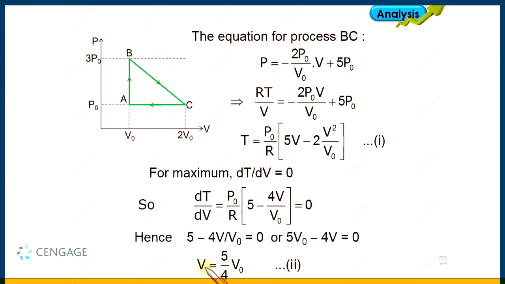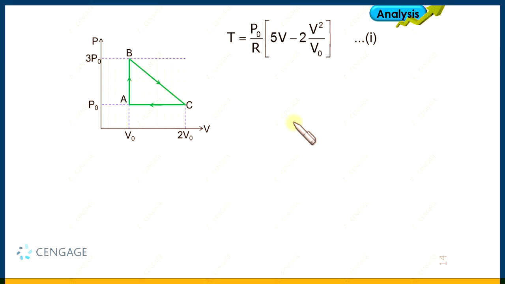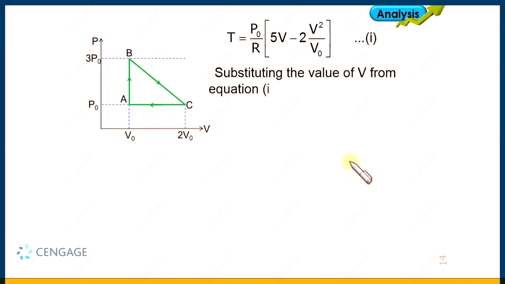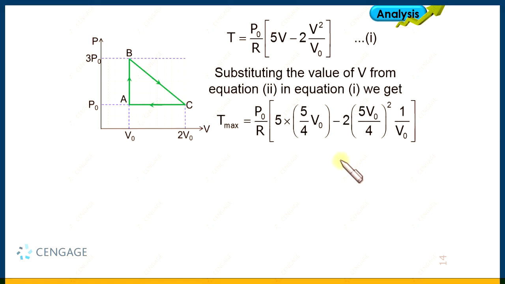Now, we can substitute the value of V in this equation, that is equation number 1. So, let us substitute V equal to 5 V naught divided by 4. So, this is 5 multiplied by 5 V naught divided by 4 minus 2 multiplied by 5 V naught divided by 4 whole square, and overall divided by V naught. Now, we can solve.